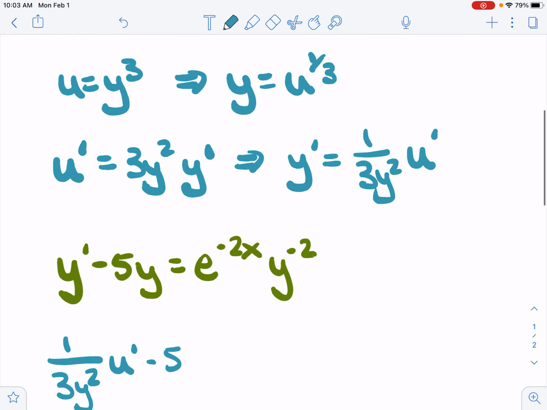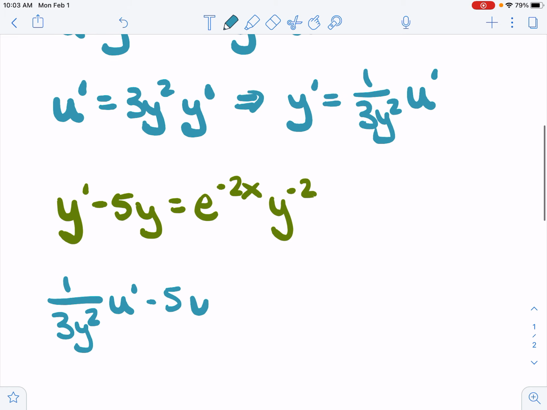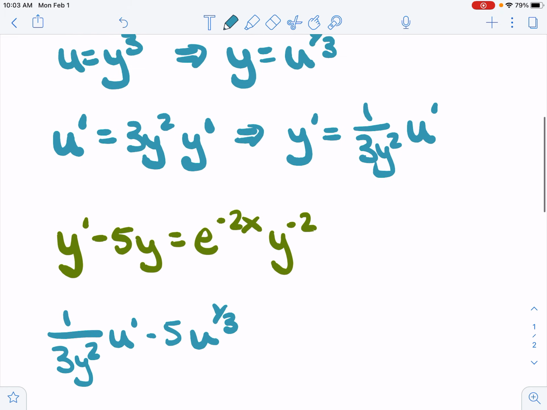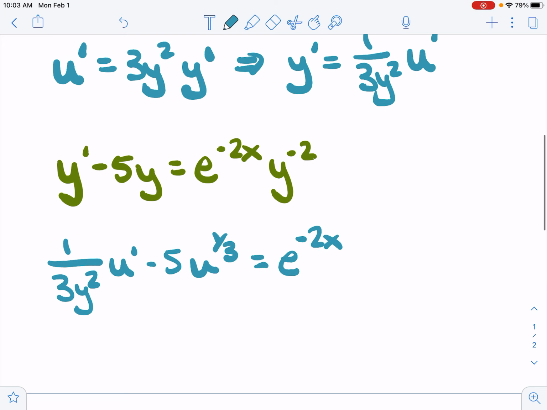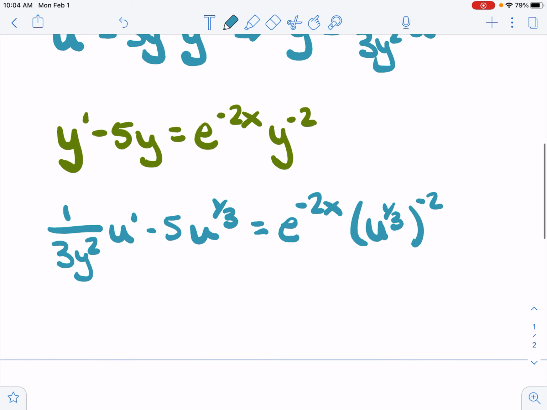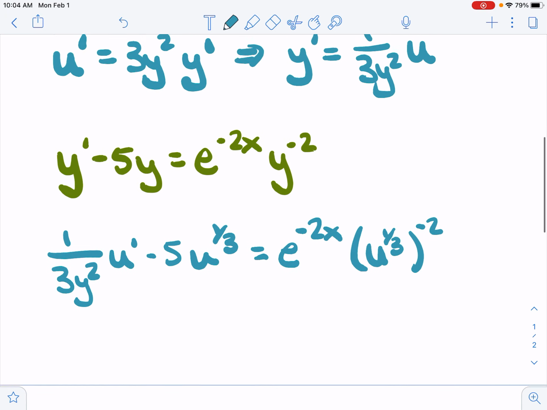What is y? y is u to the 1/3, equals e to the minus 2x, y to the negative 2. So that is u to the 1/3 to the negative 2. So we got some exponents to deal with.